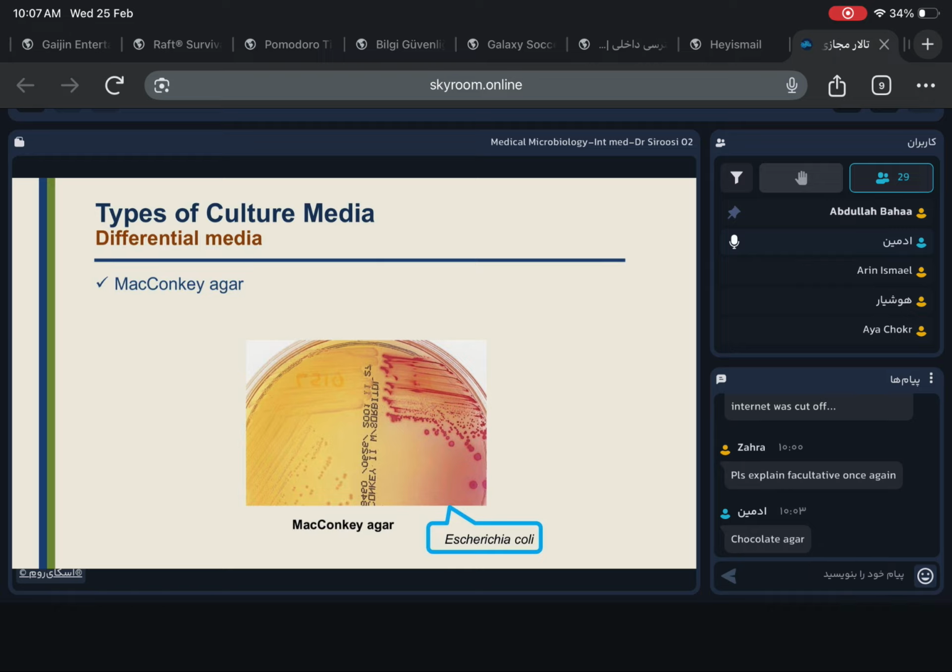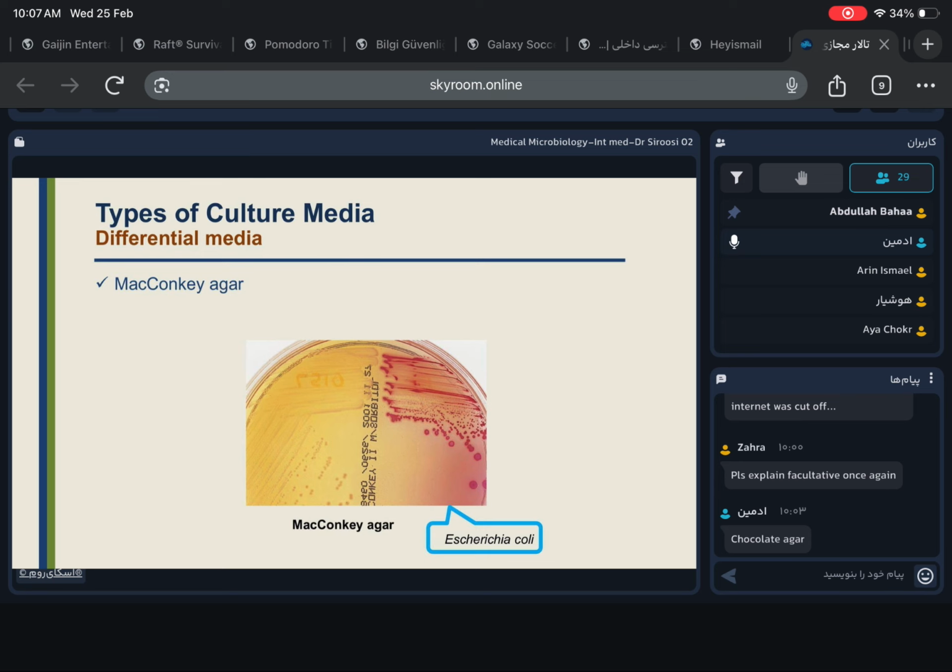The MacConkey agar that we have again here is a selective culture medium. I told you that this is a selective culture medium because it contains some agents which are able to inhibit the growth of gram-positive bacteria.